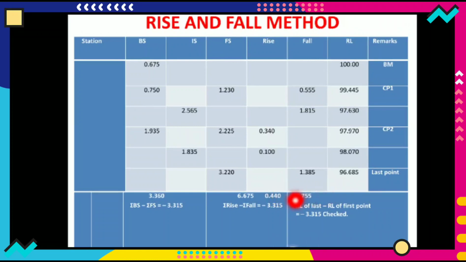And this is again minus 3.315, this is 3.315 and this is 3.315. If all three columns are the same, then this method is correct and your calculations are right, otherwise your calculations will be wrong.